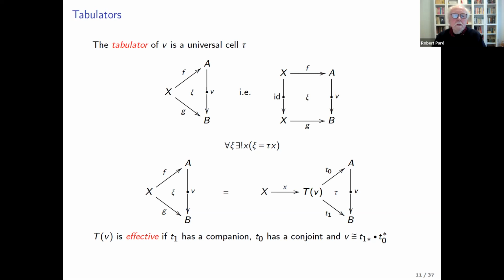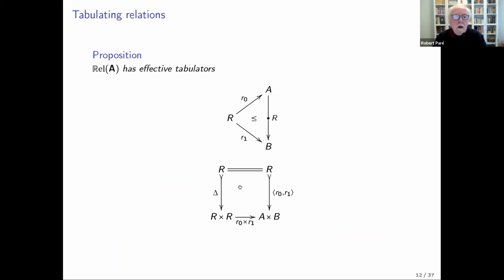Good. So rel A has indeed effective tabulators. It's not surprising. It's almost tautological, but you have to do a little bit of work to get it. In Barr's paper on relational algebras from a long time ago, he used this a lot.